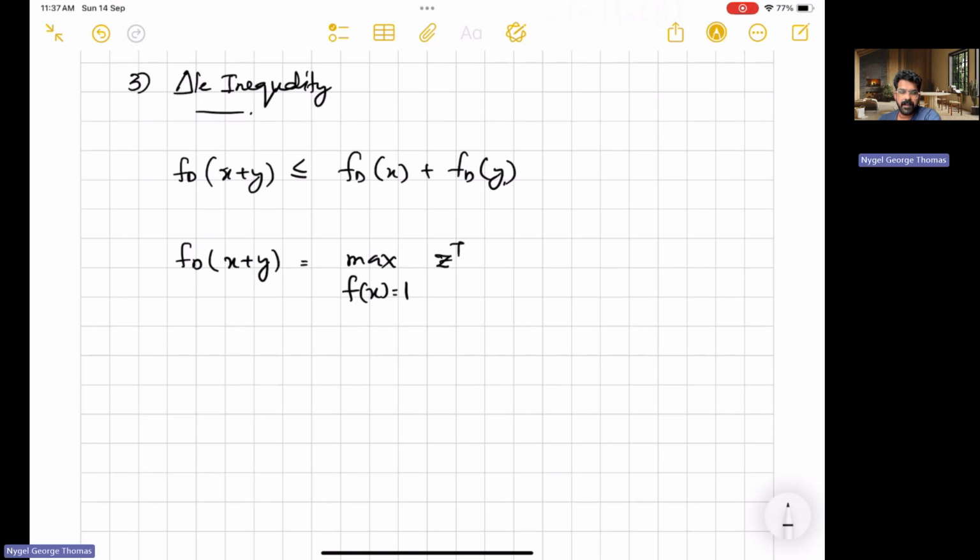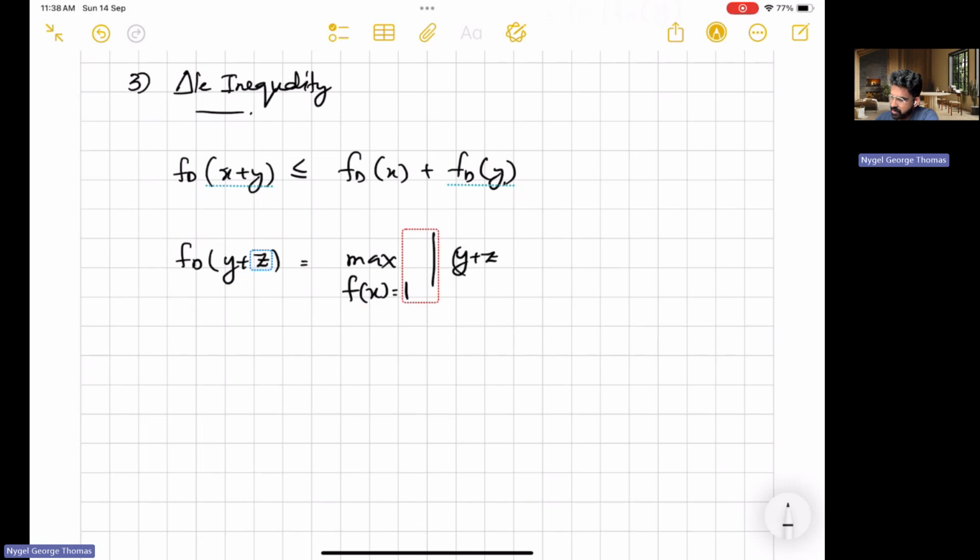Let's take the case where, okay, I think the better way is to put y plus z, because we already have f of x here. Set of all x's such that, yeah, this will be a more accurate way of describing it.